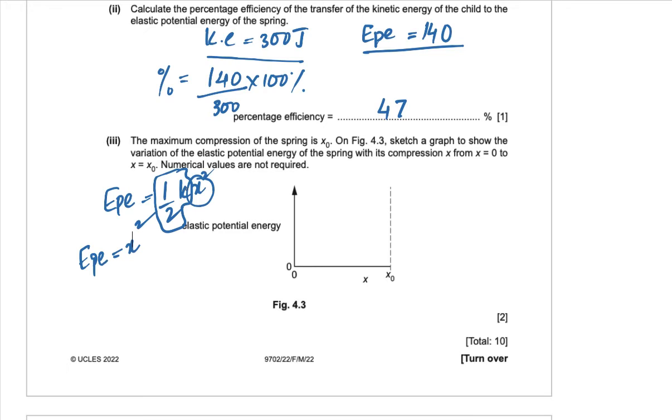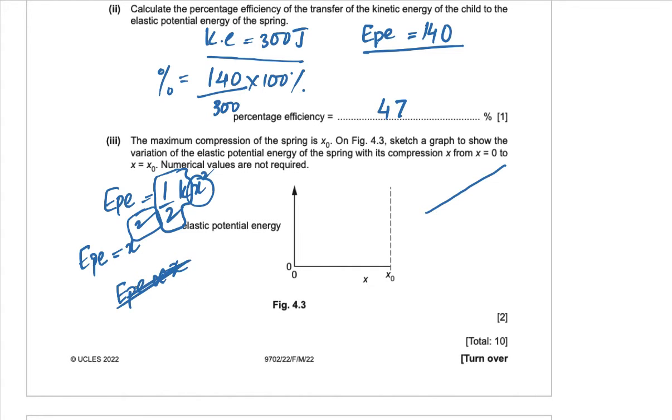Now your elastic potential energy according to this formula is directly proportional to the square of your compression, because when your compression increases, your elastic potential energy is going to increase, but not linearly because of the square over here. So we are not going to have a straight line through the origin kind of graph. A straight line with a positive slope would have been used if the relationship between elastic potential energy and the compression was of a linear kind.